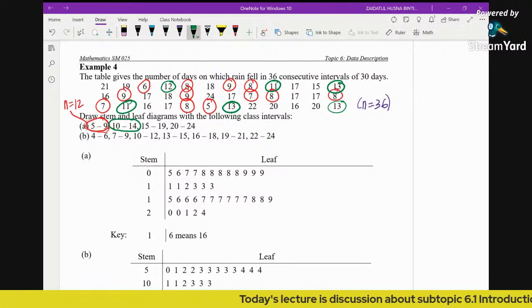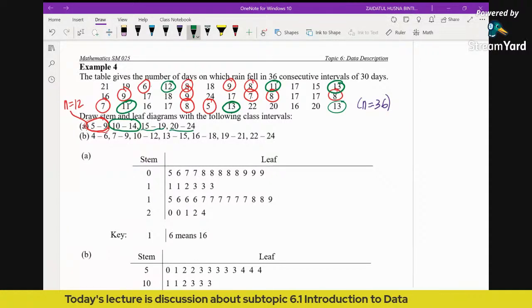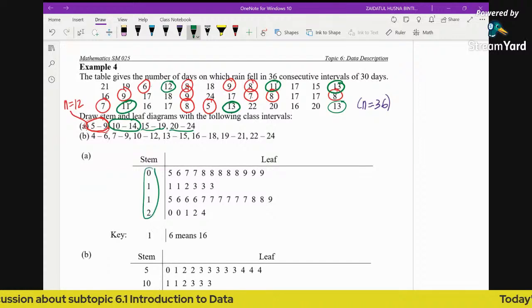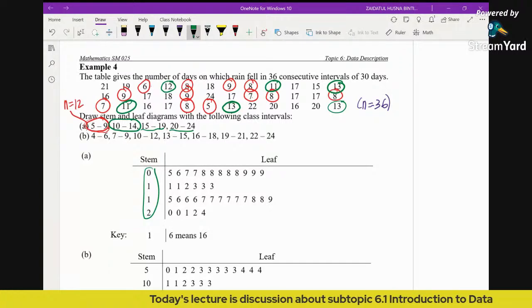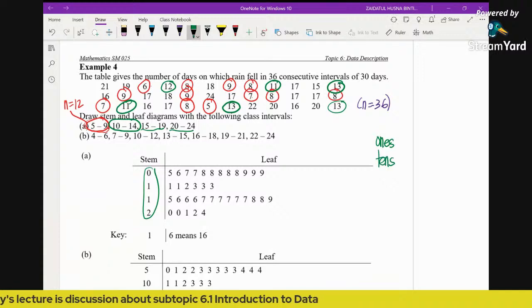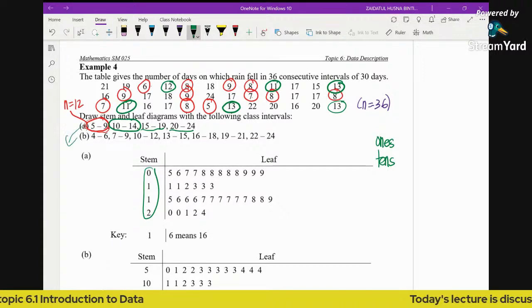You identify the intervals that they fall into, and then now the stem. How are we going to choose the stem? Because this is a ones digit number, or tens digit, or hundreds digit. This is what we call a ones digit number, nombor besar.